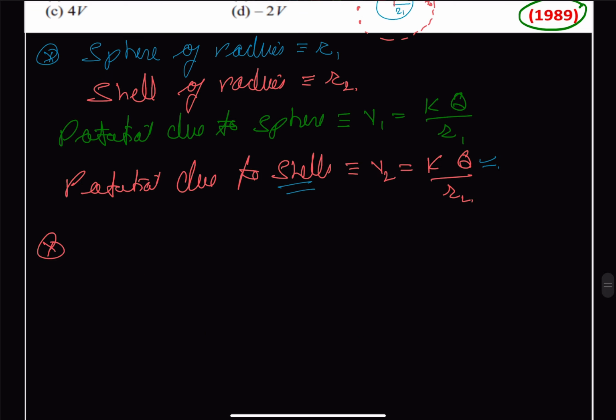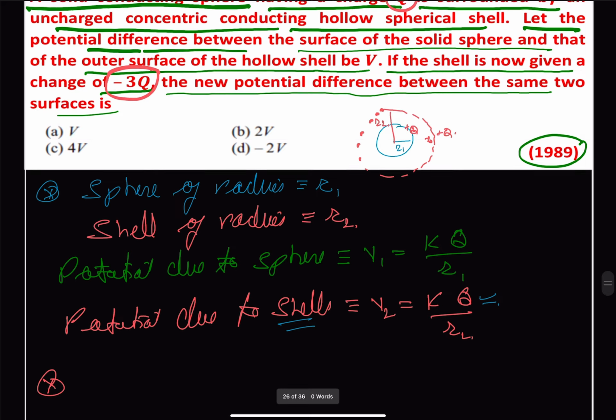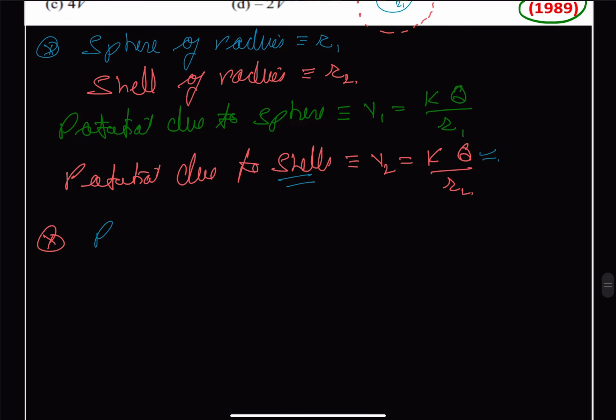So the potential difference, which in the first case is given as V, will be equal to V1 minus V2. We substitute the values, we get KQ as constant, and from here we are going to get 1 upon R1 minus 1 upon R2.